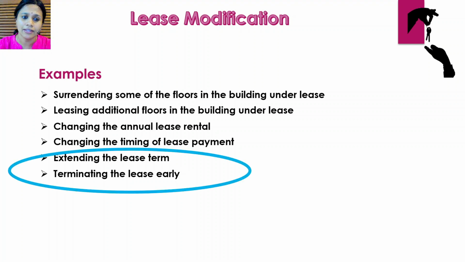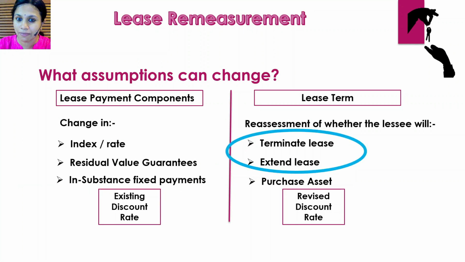Wait, these two, the extension of the lease term or termination of the lease term, that sounds familiar, right? It is exactly the same as the 2 conditions that we considered under lease remeasurement. So, is there a clash in the conditions? No. There's one very important difference. Although terminating the lease term early or extending the lease term are present in both the options, the most important consideration is whether these were a part of the original contract or not.